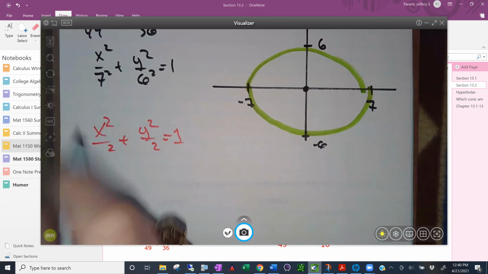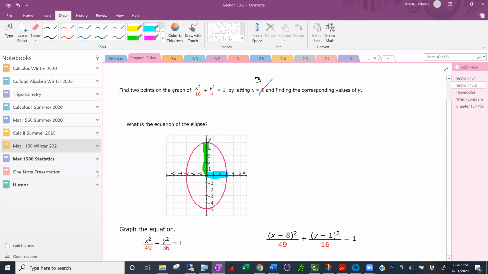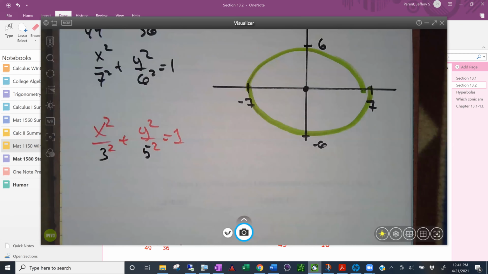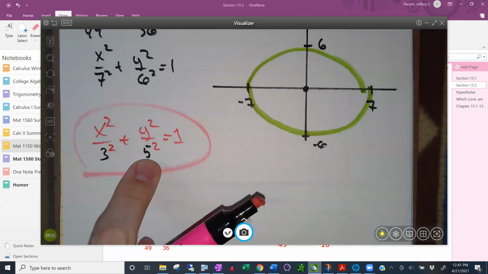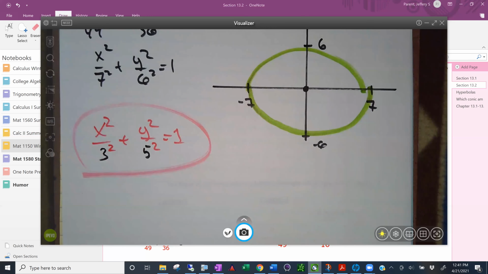Excellent. And in the y direction, you have to count a little bit. What am I going to put underneath the y squared term? 5. Yeah, put a 5. So there's your answer right there. You could also write it as 9 and 25 as you input it into WebAssign. That'll take both of them.